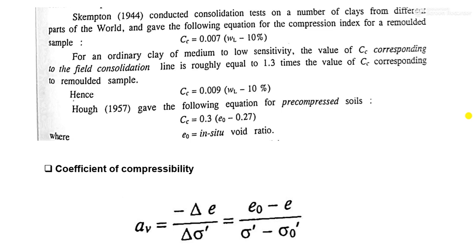In the last class we got this av value in one-dimensional consolidation. The coefficient of compressibility is defined as the decrease in void ratio per unit increase of pressure, and we denote it as av.